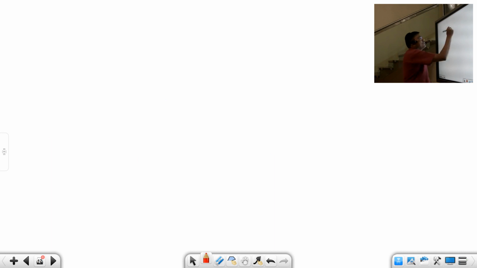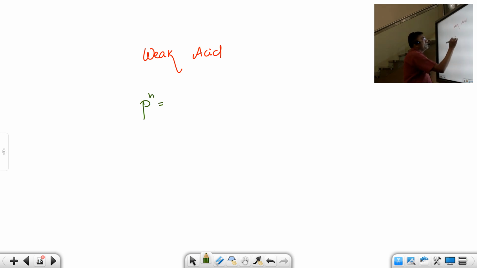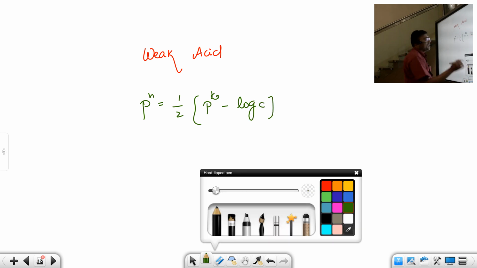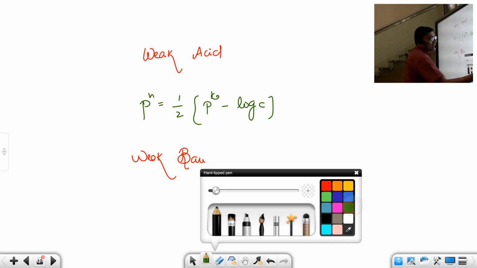So let us see here. For a weak acid, the pH value will be equal to half into pKa minus log C. Mind you students, for the pH of a weak base, what is the pH value?